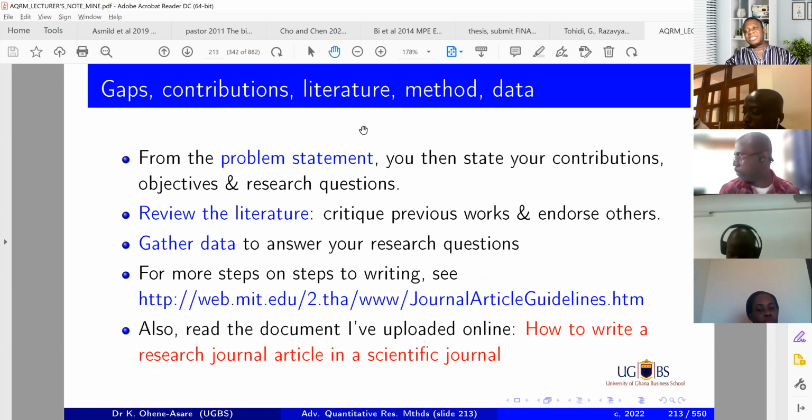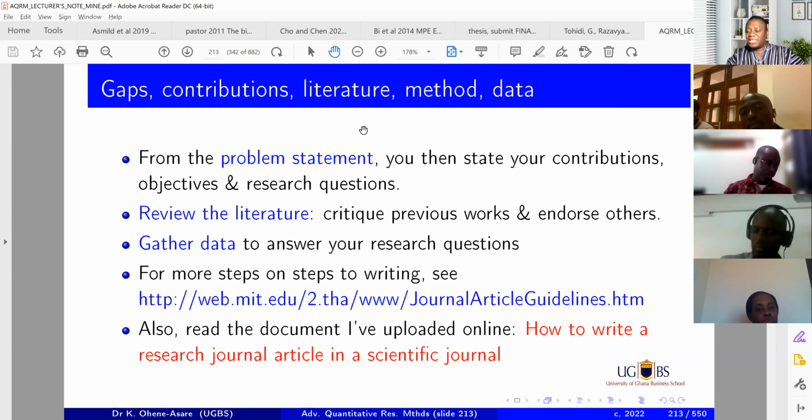So when you make a statement that majority of the studies have used ANOVA, they have used Kruskal-Wallis, they have used this, they have used that, but none of them have looked at using this method, maybe fractional systems regression model. Then you go ahead and justify why they should do that, or why you think that that one is better in addressing the issue.